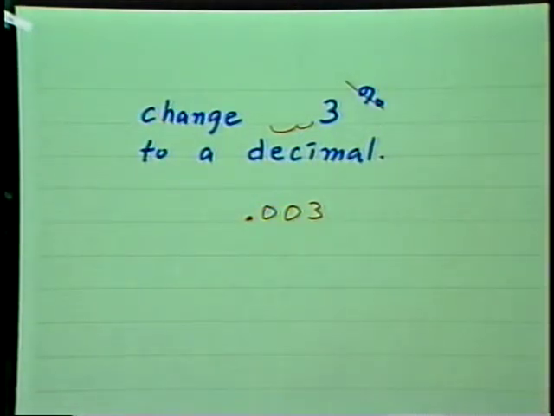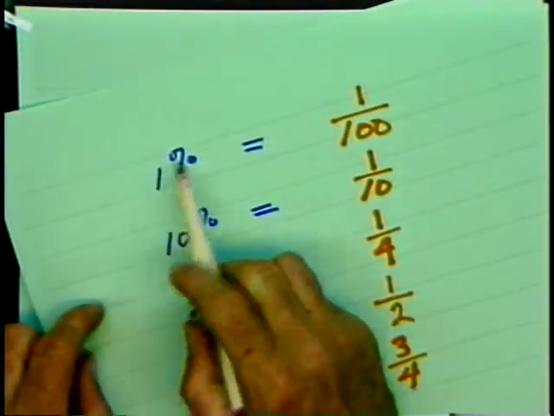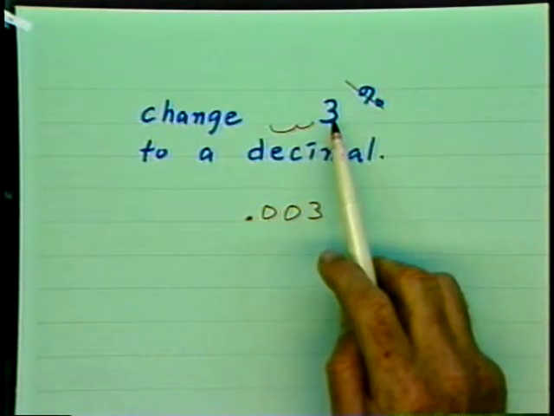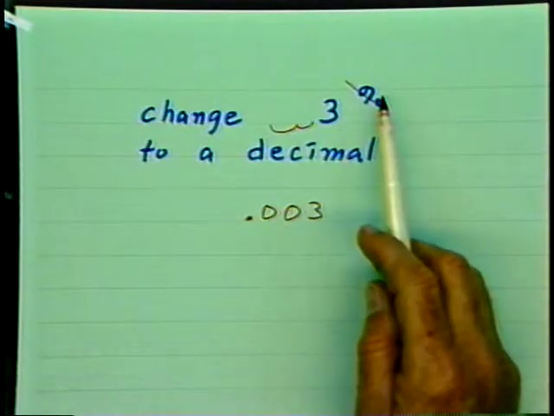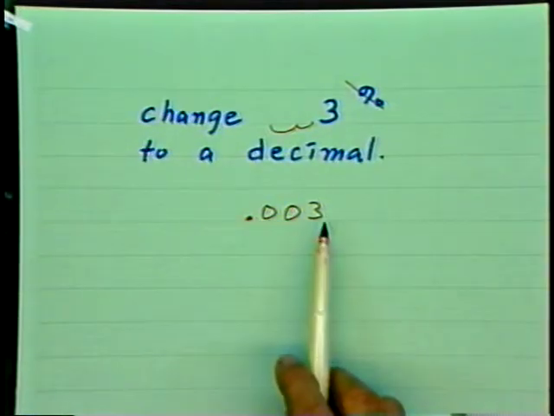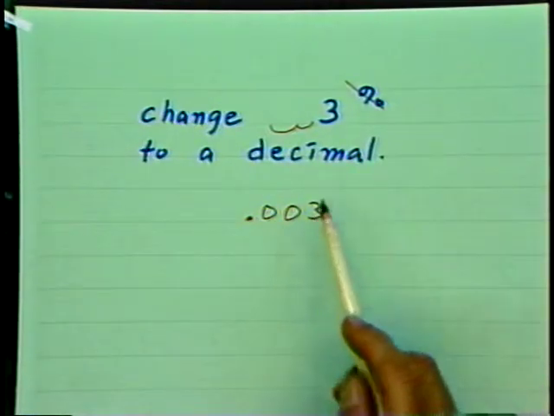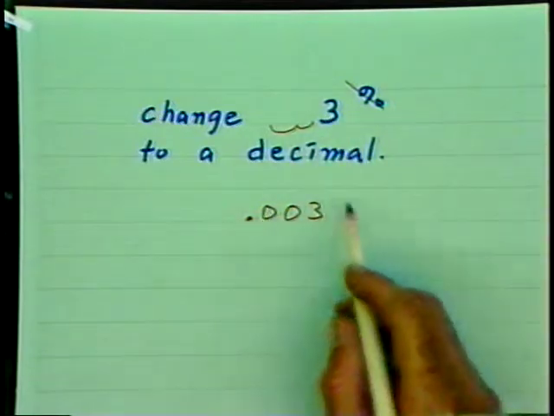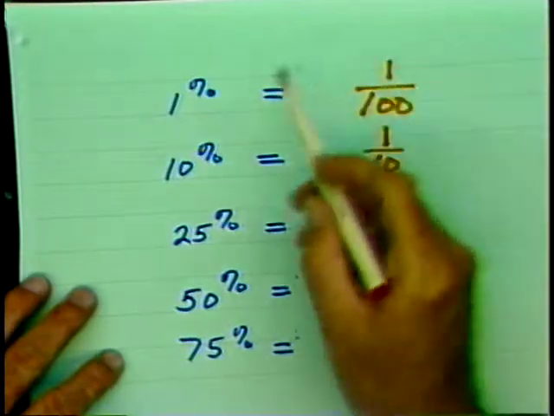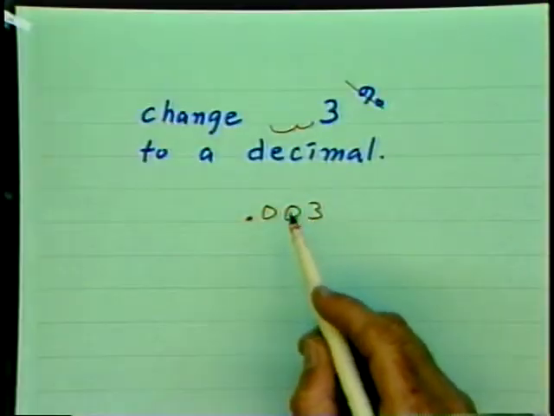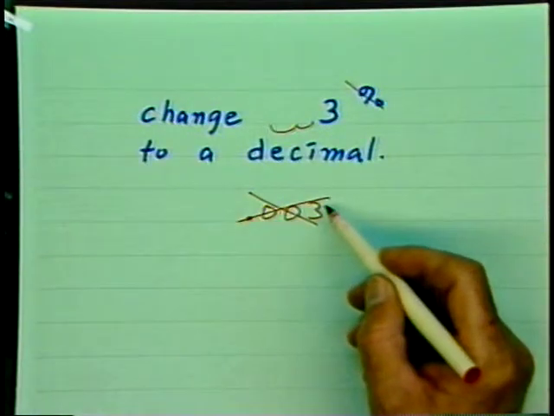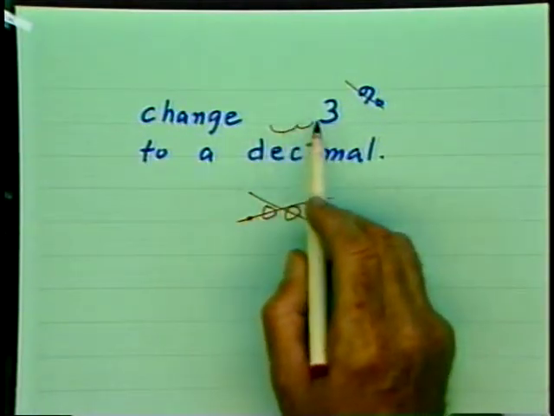Now, if he could remember our most basic fact that 1% is 100th, so this is 3 times greater, or 300ths. And this certainly is not 300ths, it's 3 thousandths. So again, always look at what you get mechanically, then stop your mechanical reactions and think logically and ask, is that even reasonable? And you would suddenly realize, hey, that's not even reasonable. Then you go back and say, well, what did I do wrong?